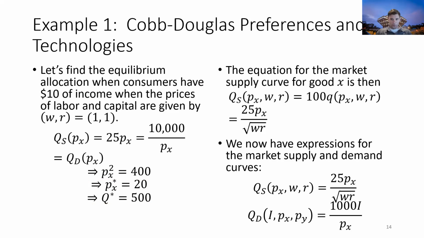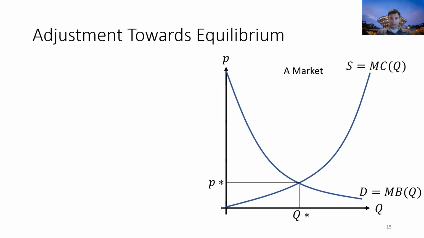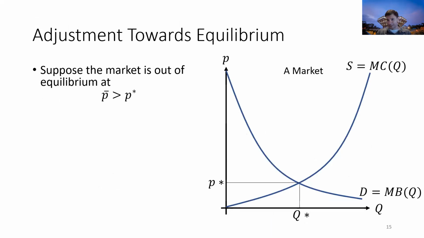All right, now, hopefully you're familiar with what happens if we nudge the market out of equilibrium. For example, let's suppose the price is artificially high above equilibrium. If that happens, anybody remember the situation we would find ourselves in when you compare the quantity supplied to the quantity demanded?